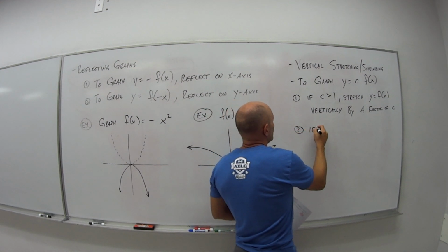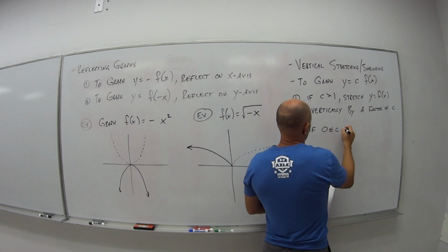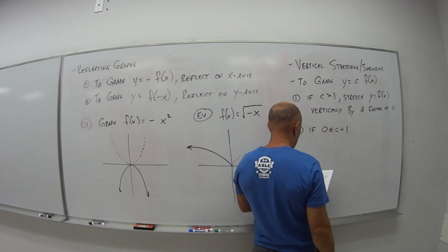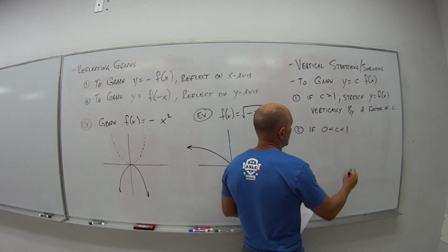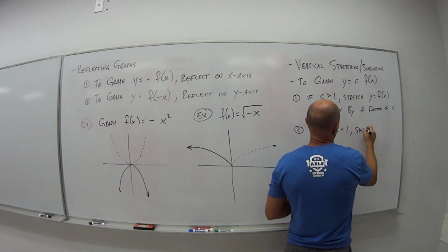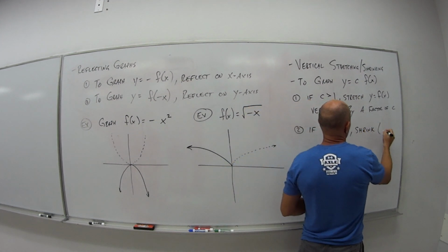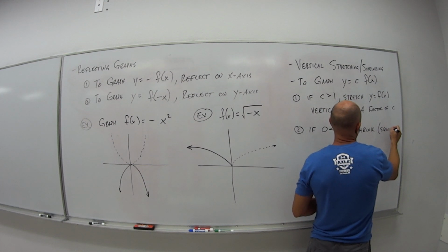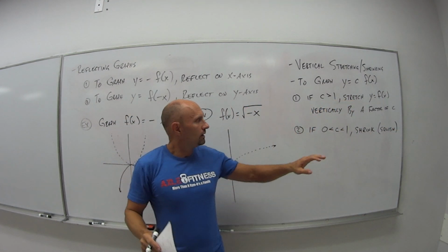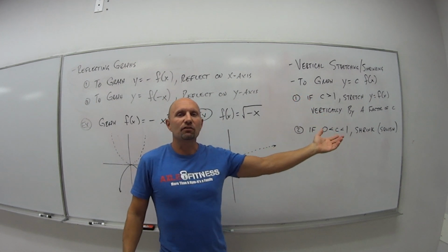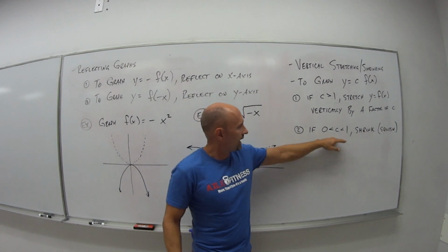And second, if c is between 0 and 1, so if it's a fraction, we shrink, or what I like to think of this instead, if you want to say squish. So if I have a parabola, x squared, and I have 1/2 times x squared, well, 1/2 is a fraction.